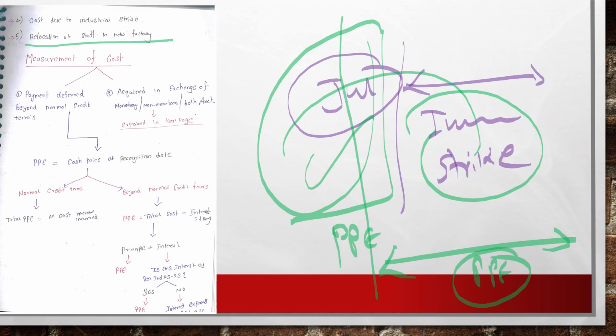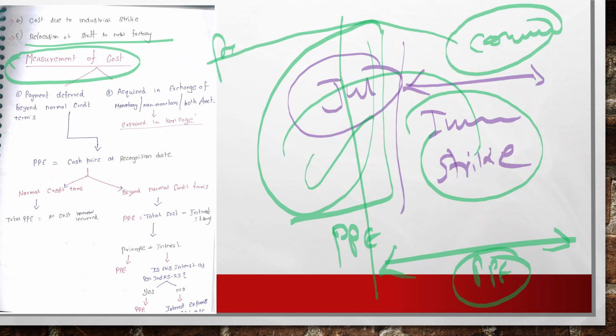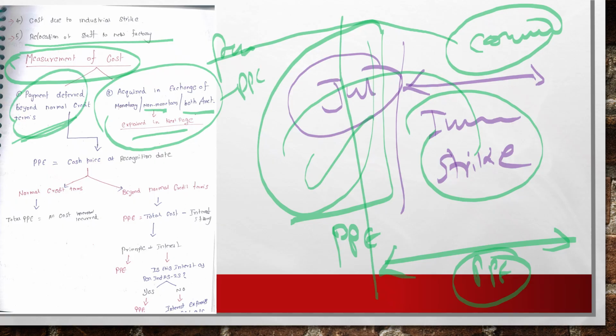I hope you understand this situation also. In the next classes, we will start the measurement of cost. We have concluded only the components of cost. Then we will start measurement as per the standard: how to measure if it's a deferred payment, or if it's an exchange. There is a beautiful concept in IAS 16 on acquiring assets in exchange for non-monetary assets or both, and how to account for that, what the deferred payment method is, and how to account for it under PPE.